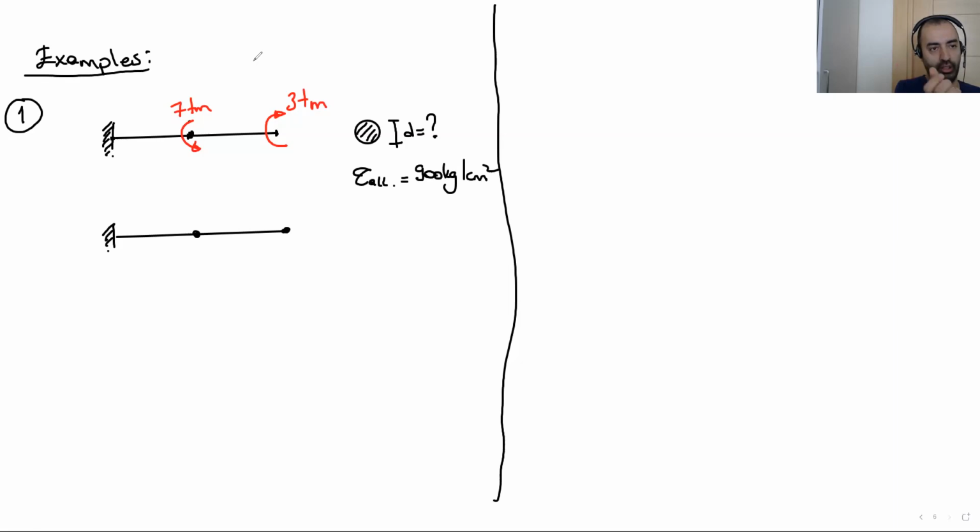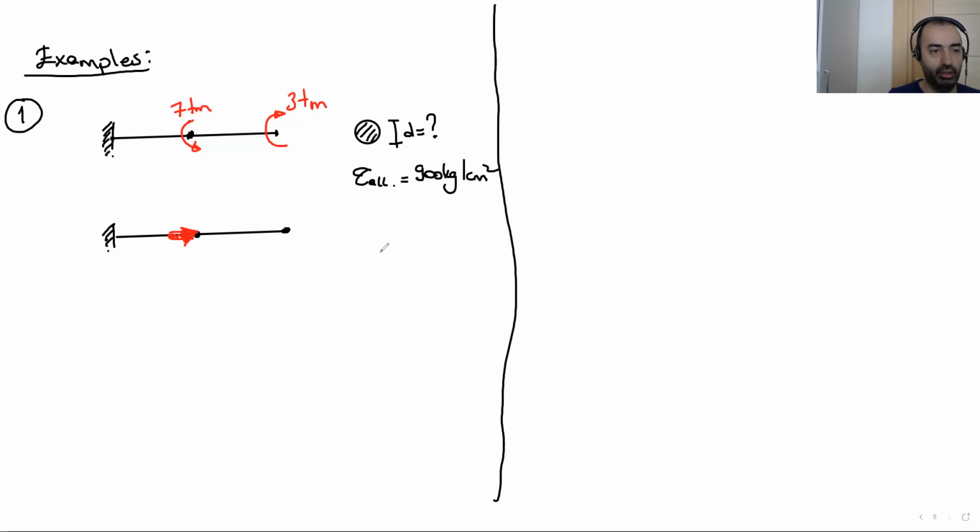We are gonna draw moment vectors first. Yes, the 7 ton meter goes to the right. Good. Let me draw the moment vector here. Okay, this is the arrow which goes right.